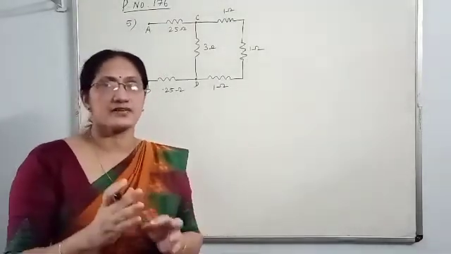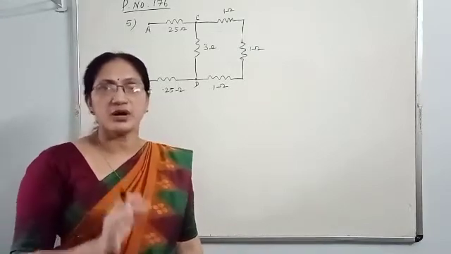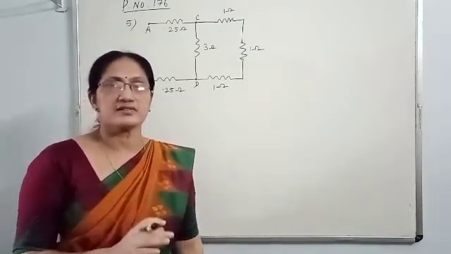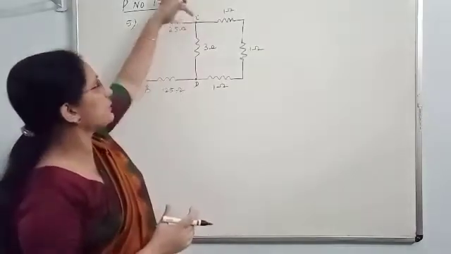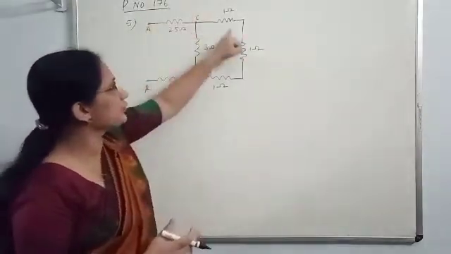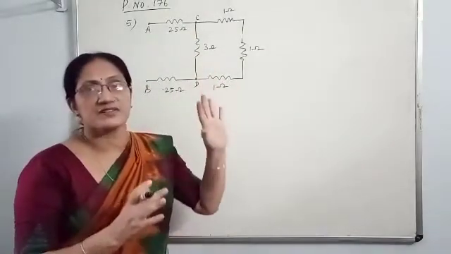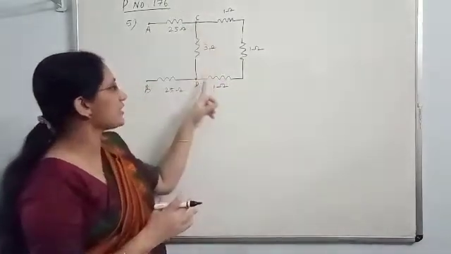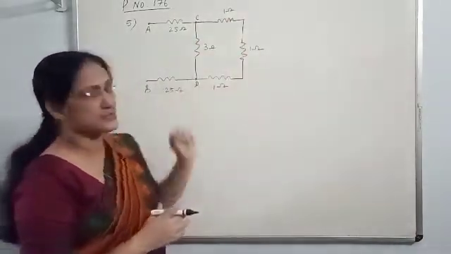If it is broken somewhere, you need not consider it. That branch will not work, or resistance in that broken branch will not get included. So from here C to D there are 2 branches reaching. So we can find out first what is the resistance between C and D. Means this part we have to solve first.